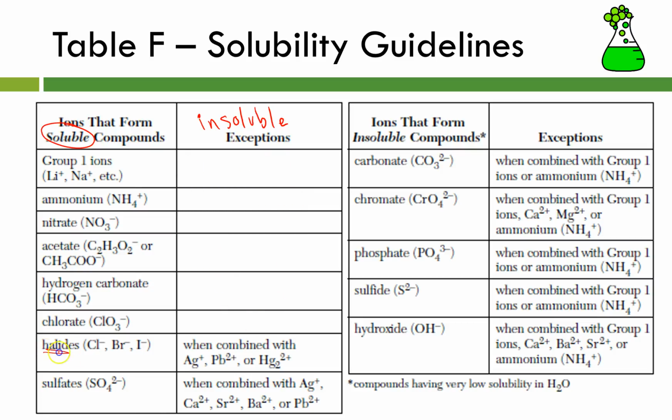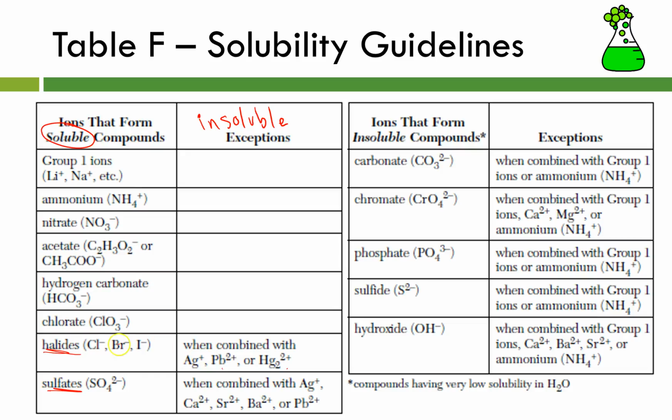When you get down to the halides and the sulfates, we do see some exceptions. So generally speaking, halides, so that's your group 7, the halogens, we call them the halides when they're ions, are soluble. There are exceptions to that. If you take a halide and you combine it with Ag+, Pb2+, or Hg2 2+, you get an insoluble compound.